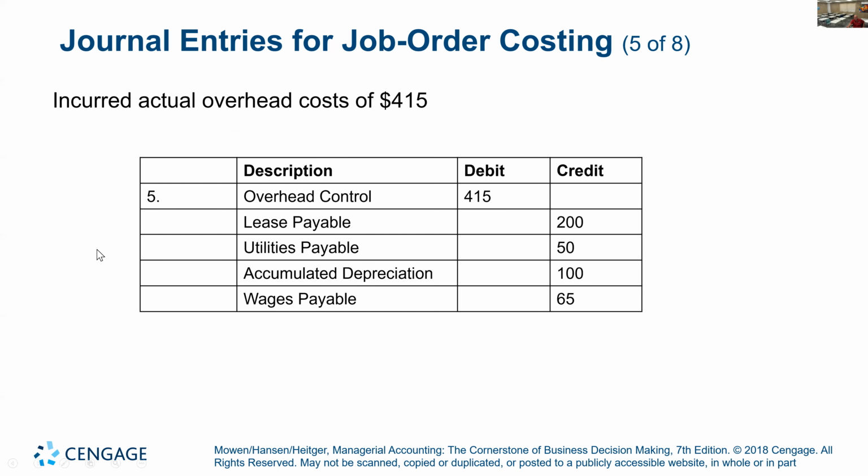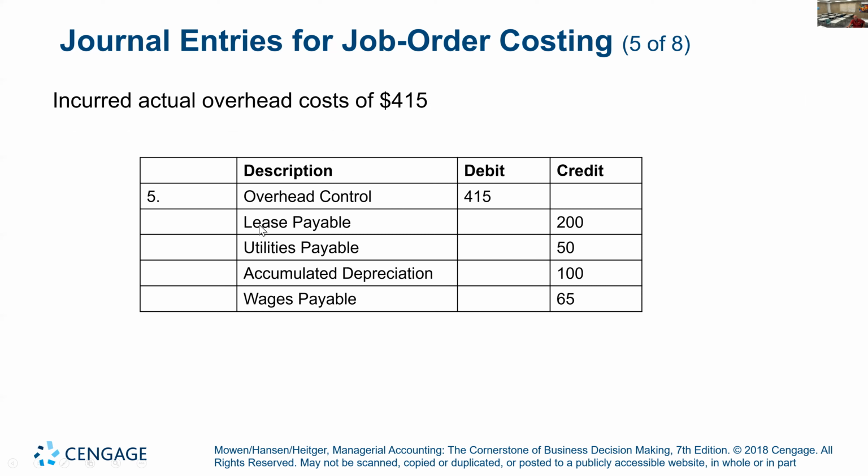Whereas when actual costs come in, we're going to debit that overhead control and then credit whatever the appropriate payable is. As you can see here, we have a lease, utilities, wages.